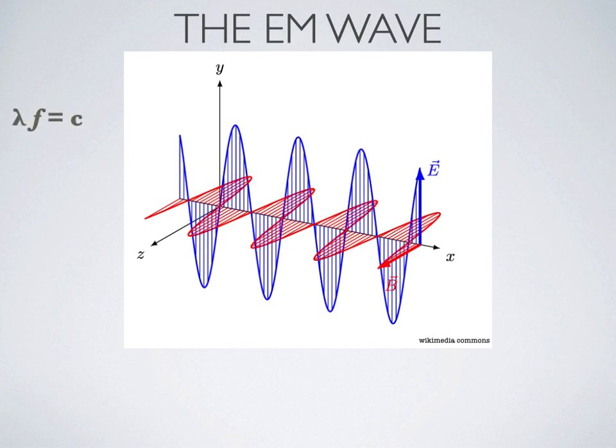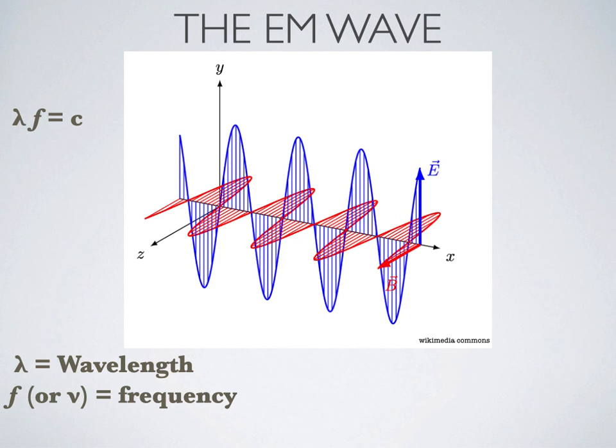To convert between wavelength and frequency, we have this equation, where that upside down y is called lambda. It's a Greek letter. It stands for wavelength. The f is frequency, although you will also see that kind of v with the tail on the left side, which is the Greek letter nu, N-U. And nu or f or the italicized f will be used for frequency.